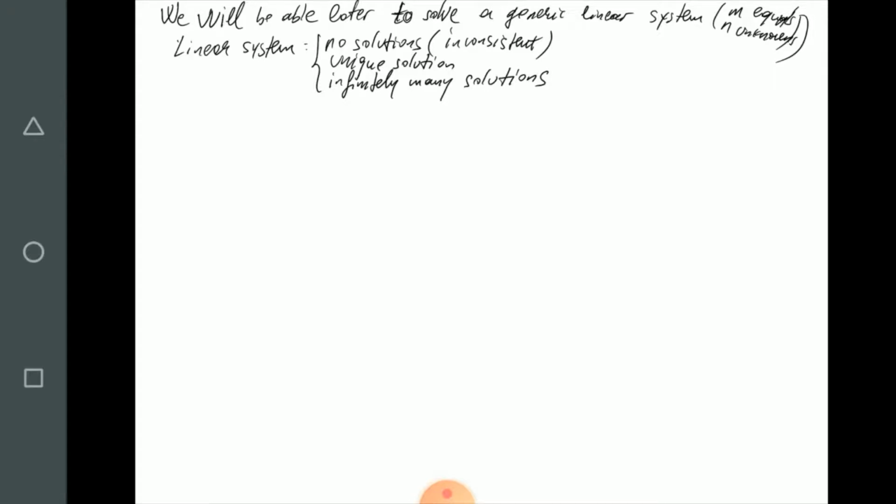So let's see, the count is example 3. Let's, like I said, take a system of 3 equations and 3 unknowns. So that's 2x minus 3y minus z equals 0, 3x plus 2y plus 2z equals 2, x plus 5y plus 3z equals 2.